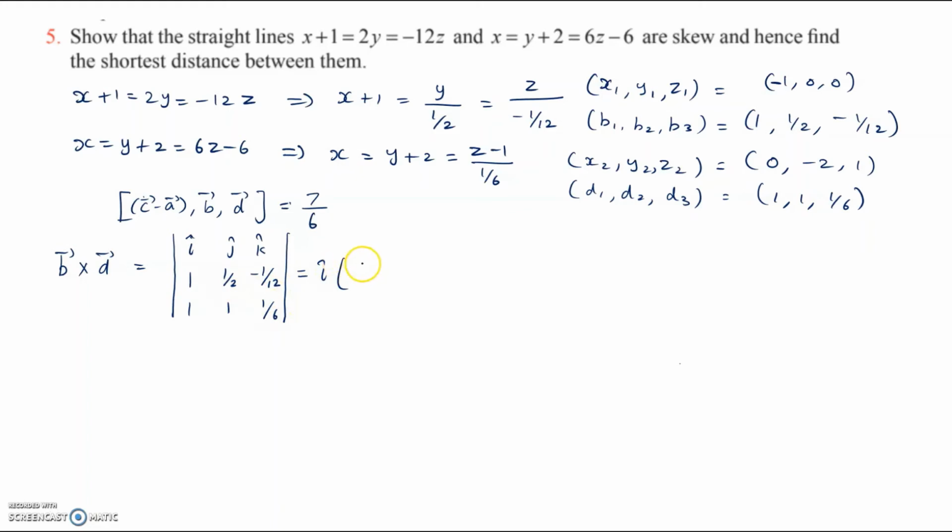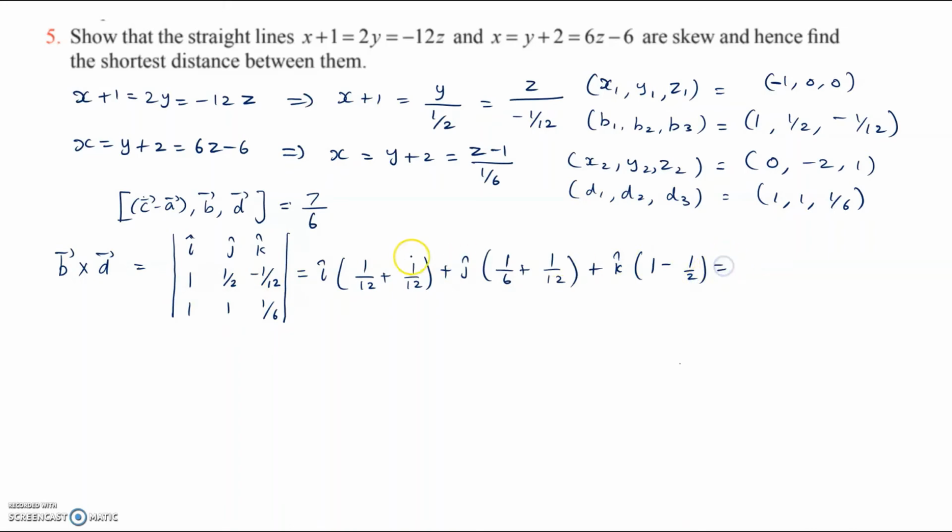1 by 12 plus 1 by 12, plus j cap into 1 by 6 plus 1 by 12, plus k cap into 1 minus 1 by 2.